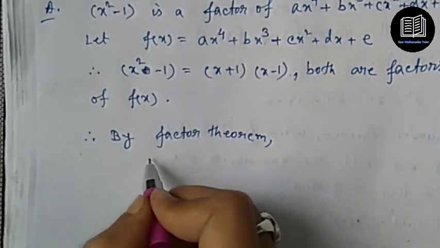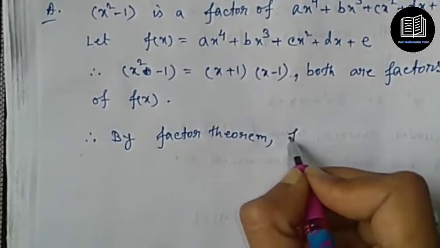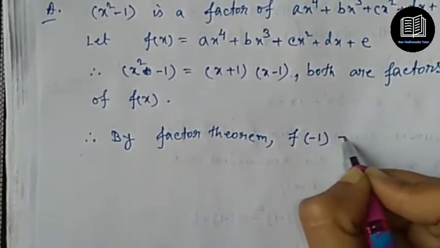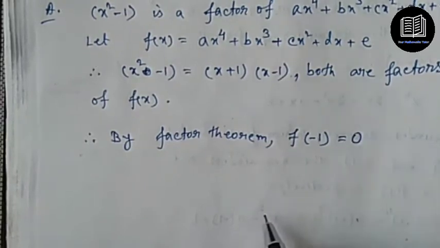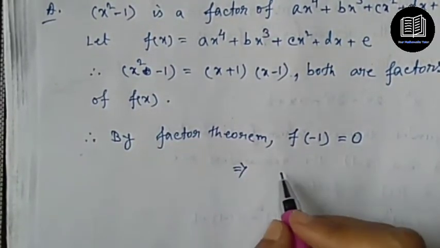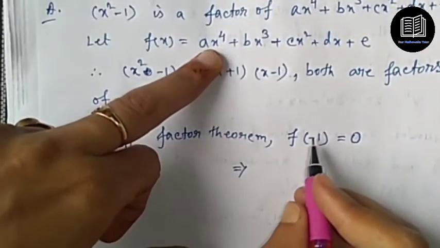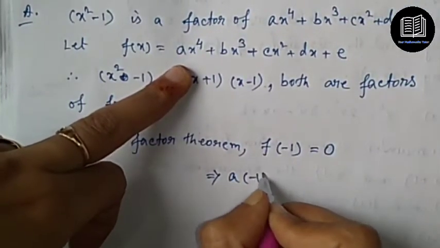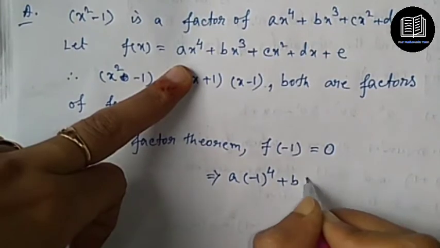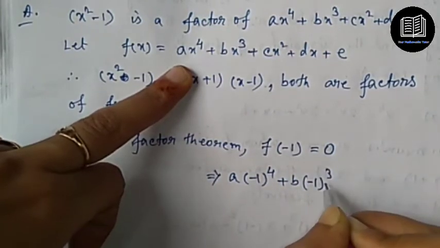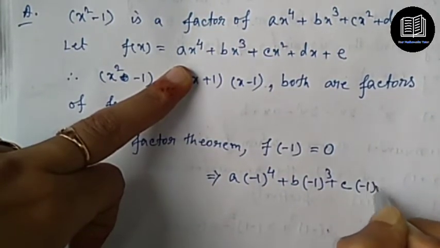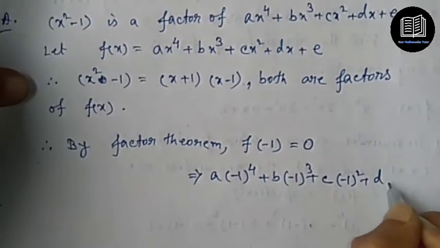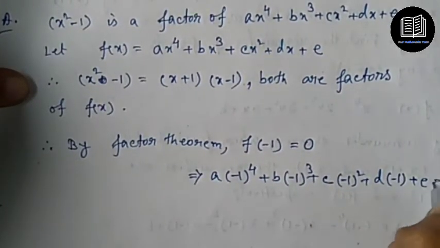By factor theorem, f of minus 1 equals 0. Put the value of x as minus 1. a into minus 1 whole to the power 4 plus b into minus 1 whole cube plus c into minus 1 whole square plus d into minus 1 plus e equals 0.